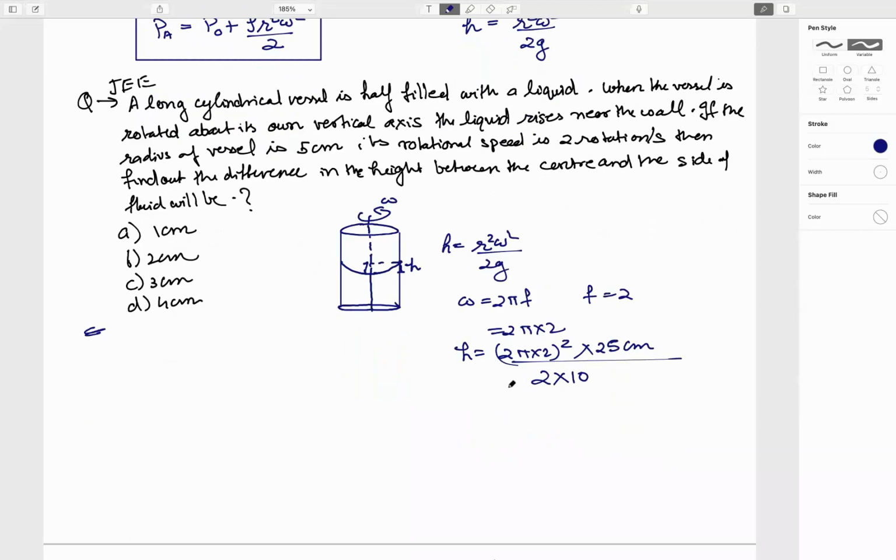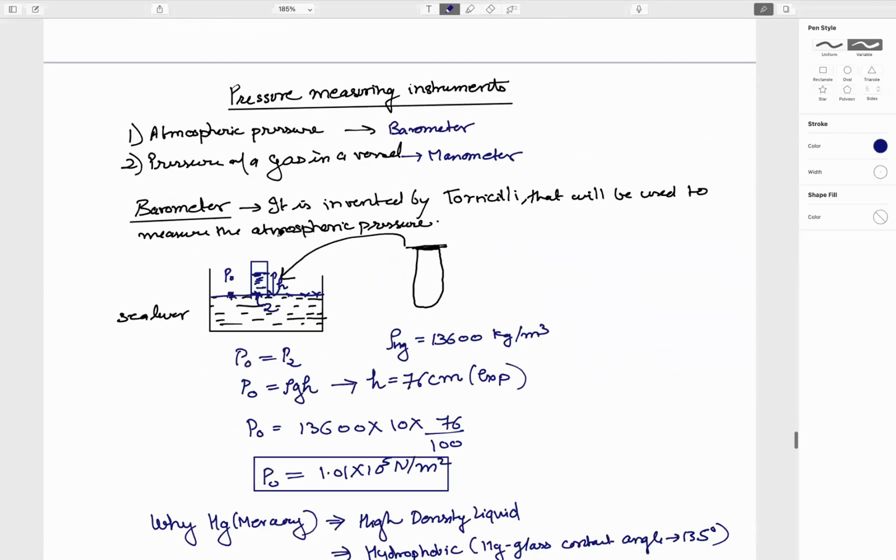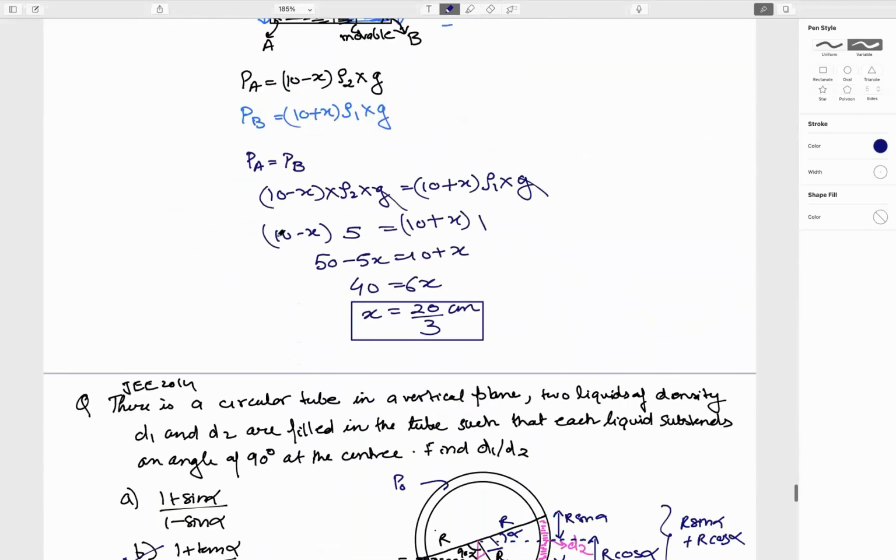What we get is 4 times 4 is 16, 16 pi squared, pi squared becomes 10, 10 will go 8, 8. So it comes out to be 2 centimeter. Check the units. The correct option is 2 centimeter. Check the units when solving this.